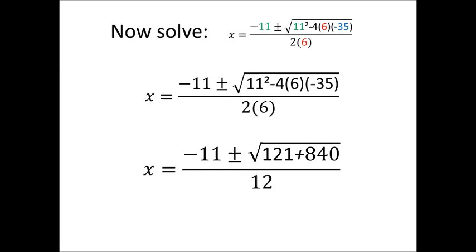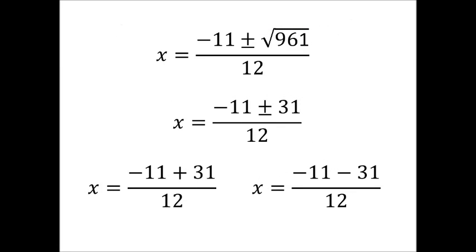So 121 plus 840 is equal to 961. So in the next slide, we see that x equals negative 11 plus or minus square root of 961 over 12. So now we can simplify that square root of 961, which is equal to 31.